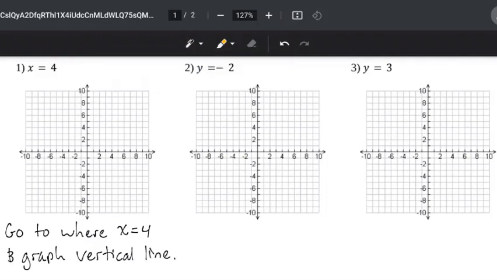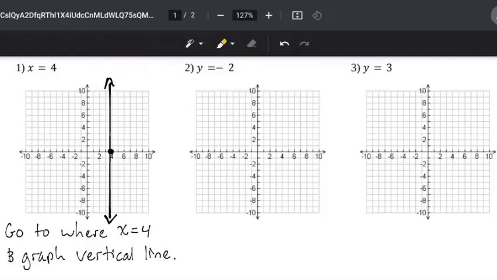So it's just as simple as that. So we go to where x is 4, which is right here. We get our student ID or straight edge, and we just graph a vertical line, straight up and down. I'm going to redo that one. Arrows, and there we have it. We have our vertically graphed line of x equals 4.